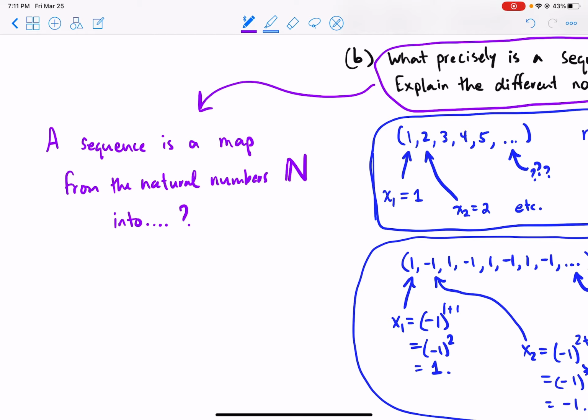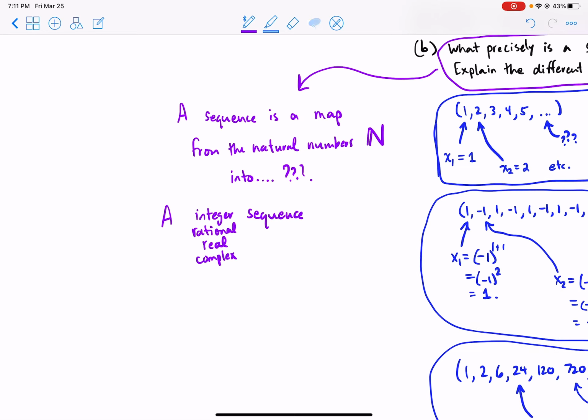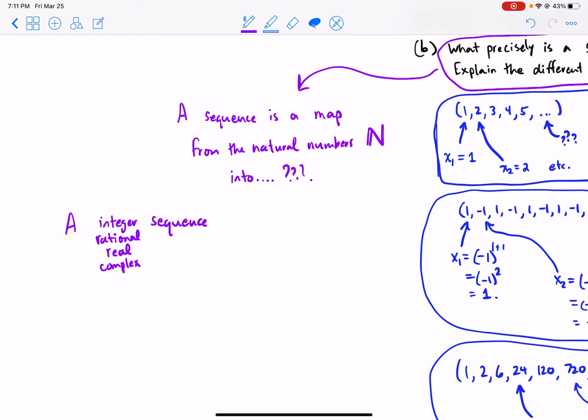Into, well, now I'm realizing, how about this: an integer sequence, or a rational sequence, or a real sequence, or a complex sequence. These are all different. So basically I'm saying, oops, this isn't good enough.